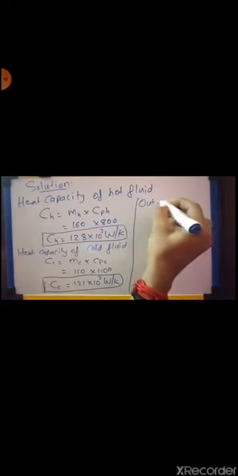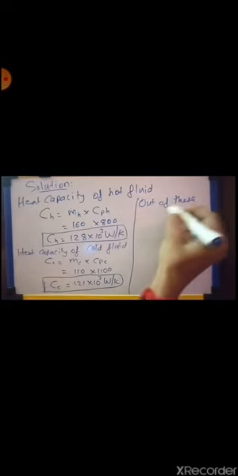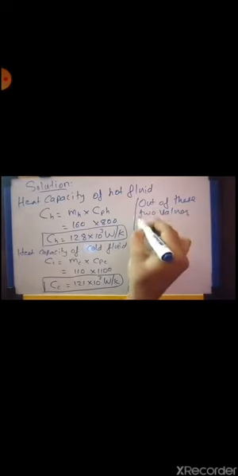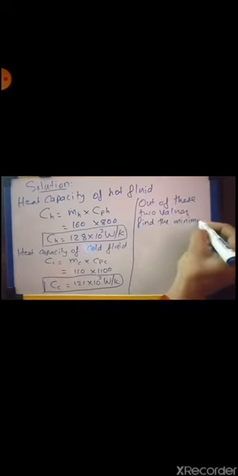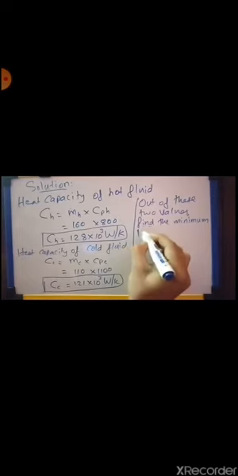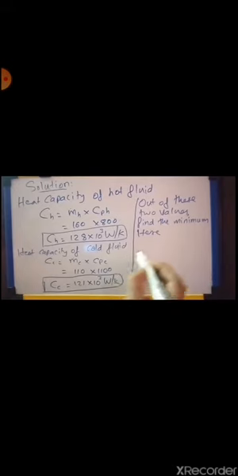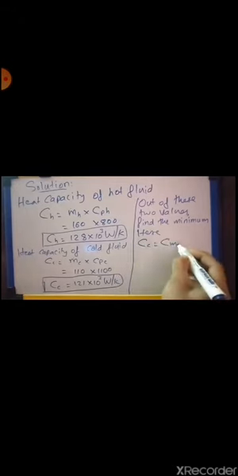Okay. The next step is from these two values, which one is the lowest value, that is the minimum value. Here CH value is 128 into 10 raised to 3 and CC value is 121 into 10 raised to 3. That is, here CC is the minimum value.